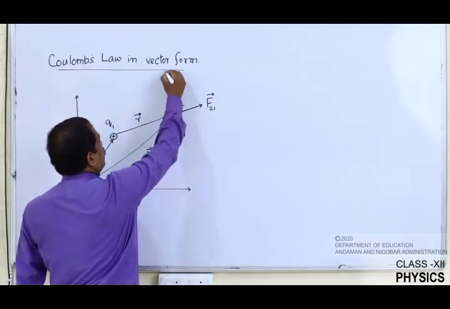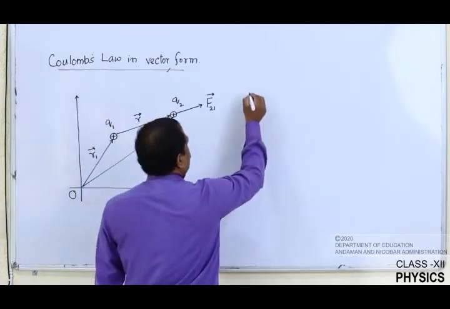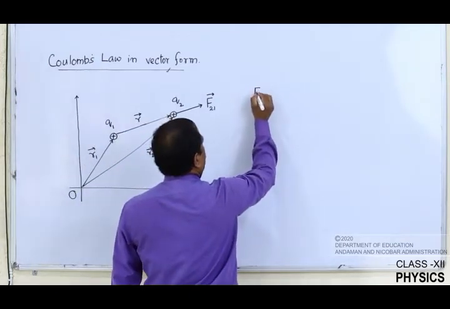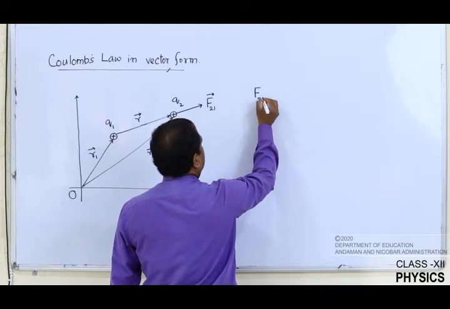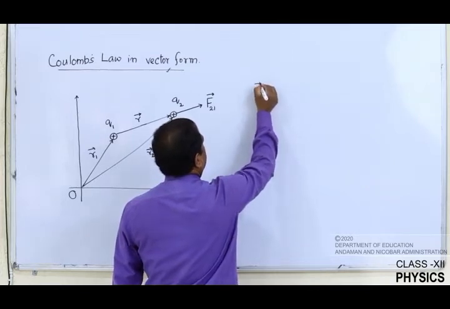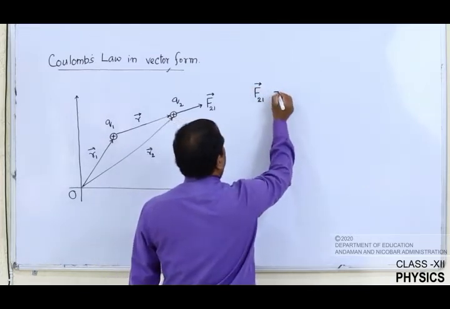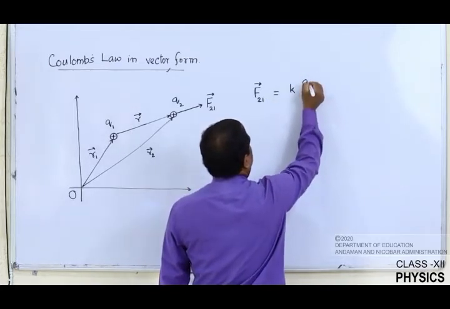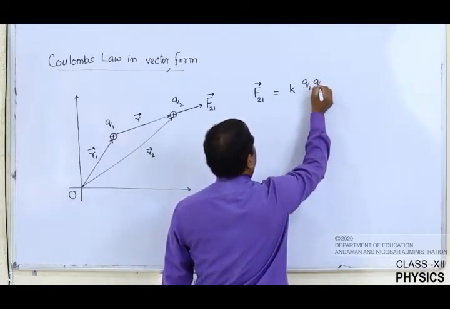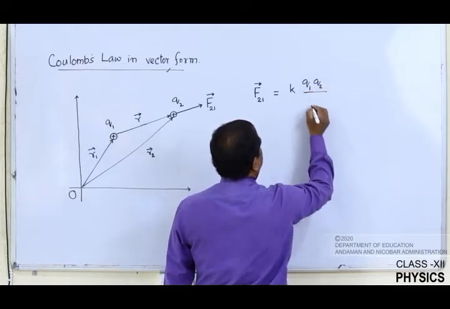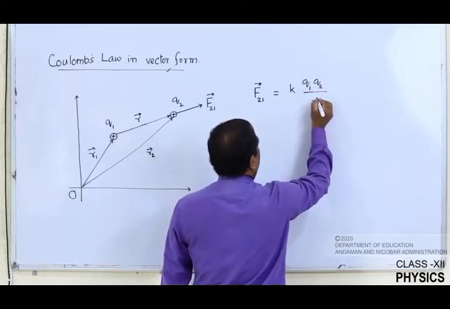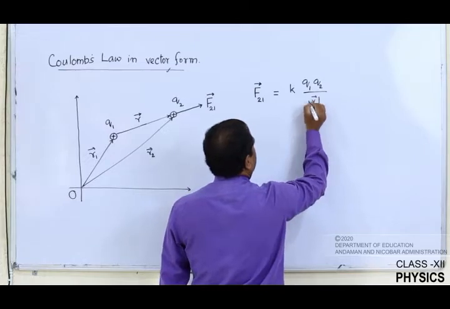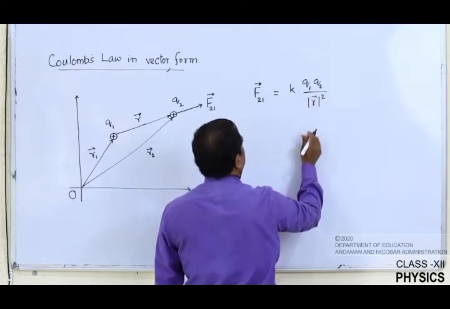Now, we are talking about vector form. So, Coulomb's law in vector form is given by the expression: F21 is equal to K, or 1 by 4 pi epsilon naught, into Q1 into Q2 divided by R square, that is the square of the magnitude.